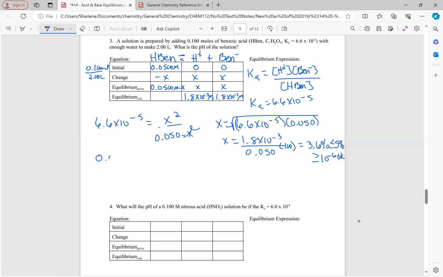And then 0.050 minus 0.0018 equals 0.0482. I'm allowed to keep all of them, so 0.0482.